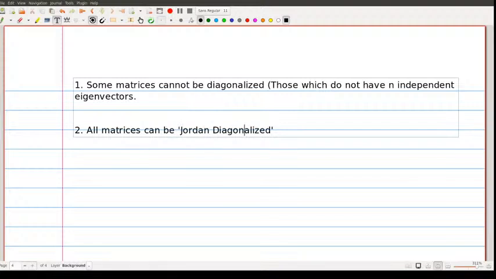And the idea is basically you can find some matrix such that, so diagonalized means A is equal to X times the diagonal matrix times X inverse, right? But Jordan diagonalized means I can find some M times some J times some M inverse.